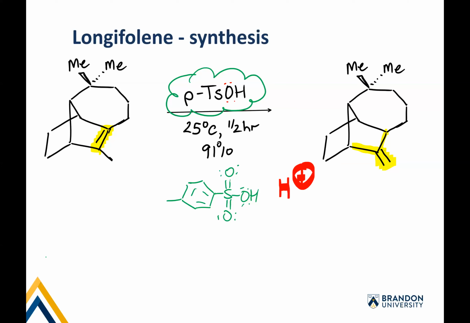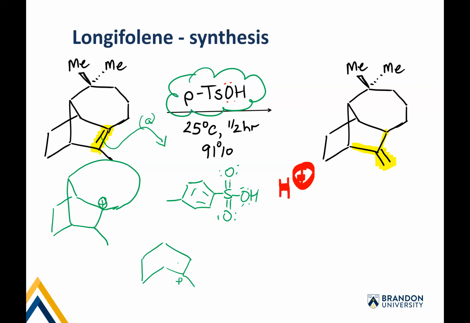Protonate the double bond. Okay, and so when we're protonating this double bond, you'll notice that you could have a positive charge here, and I'll just draw the loop like that. Or, sorry, we could have the positive charge here.